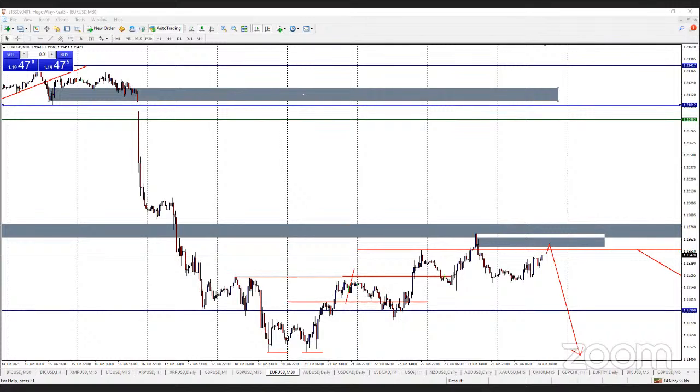Currently, it's always important to get that market structure break. So I'm going to look for sell entries.